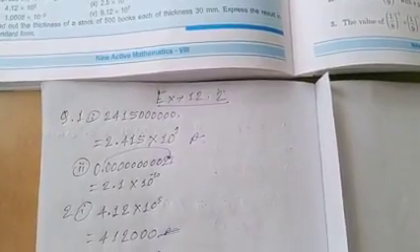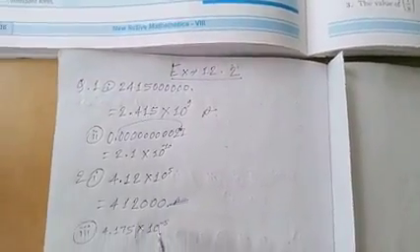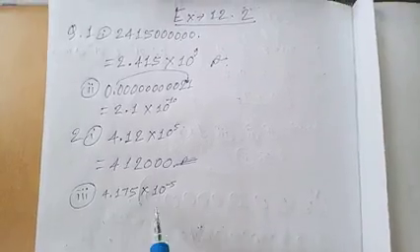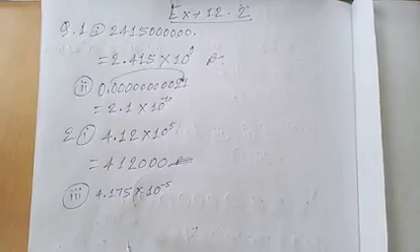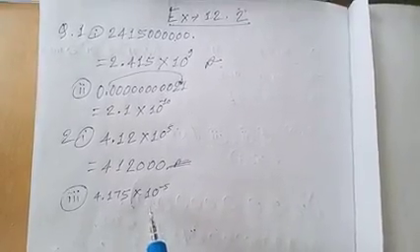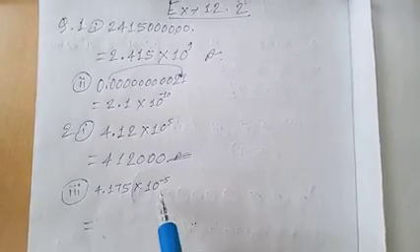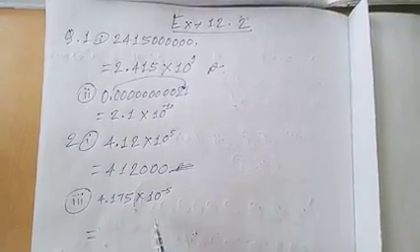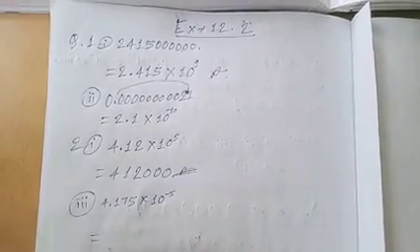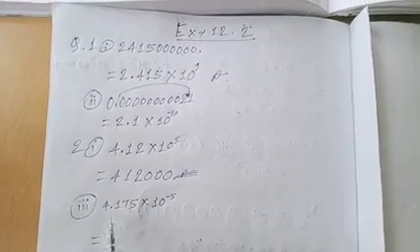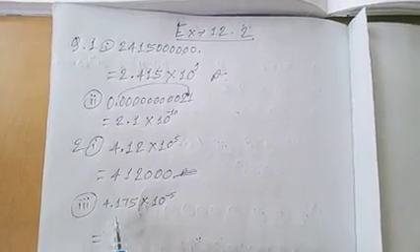I have written the question here, you can see. We will now write this number, which is already in the standard form, in the usual form. You can see the power is minus 5 now. So we will shift the decimal point to the left side, then it will go into the usual form.